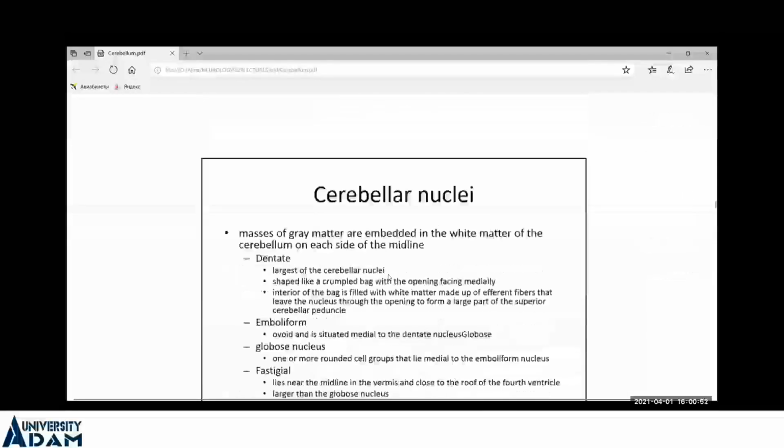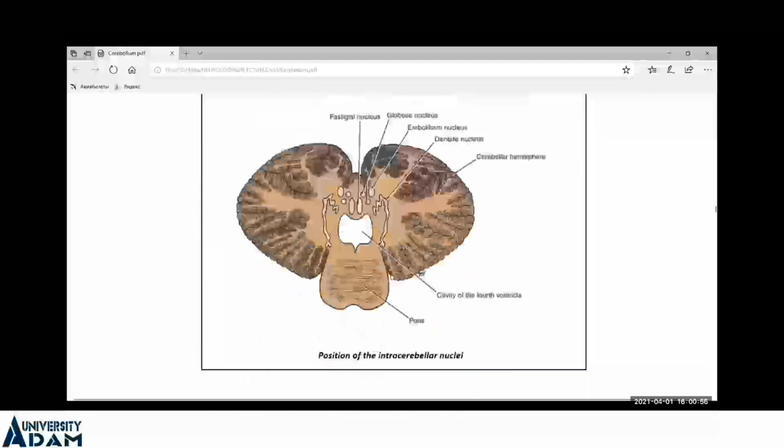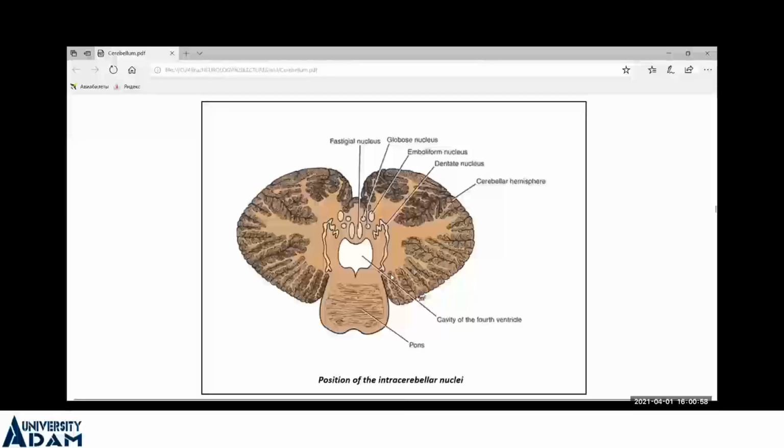Also, guys, we have the cerebellar nuclei: the dentate nucleus, the vestibular nucleus, the bigger nucleus, the globose nucleus, two pairs, and the emboliform nucleus, one pair.